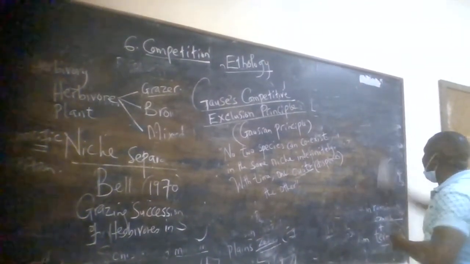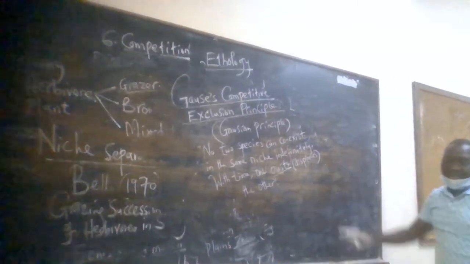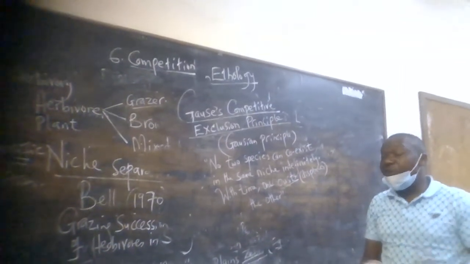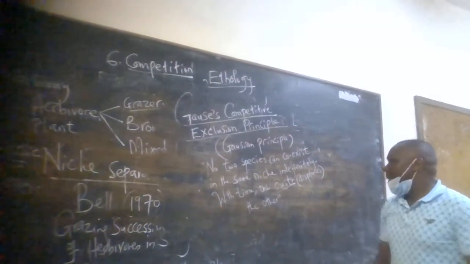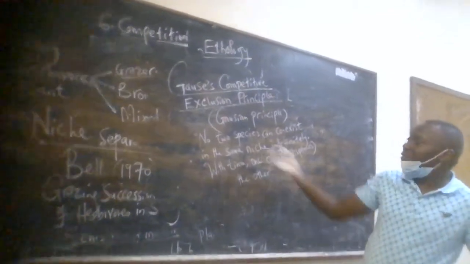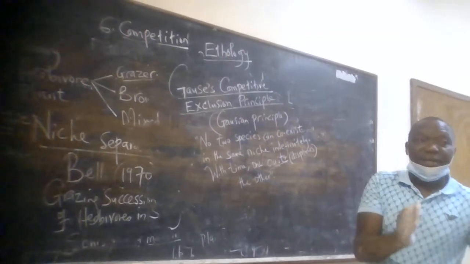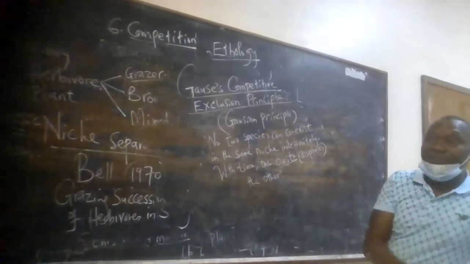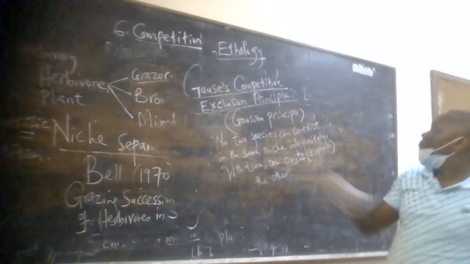I think the name was Georgii Gause, but what is more common is Gause. He arrived at this principle by studying the growth trends, or population growth curves, of two species of Paramecium.